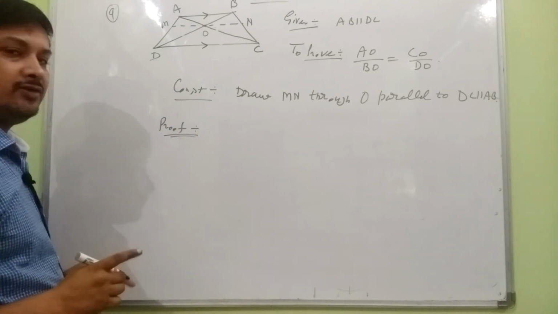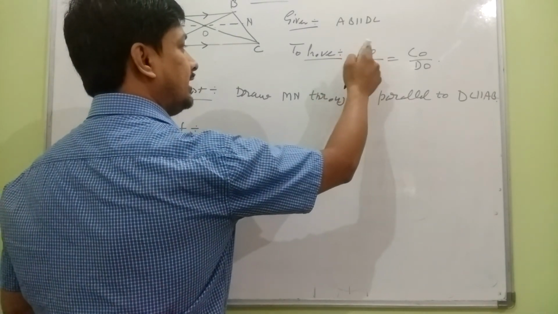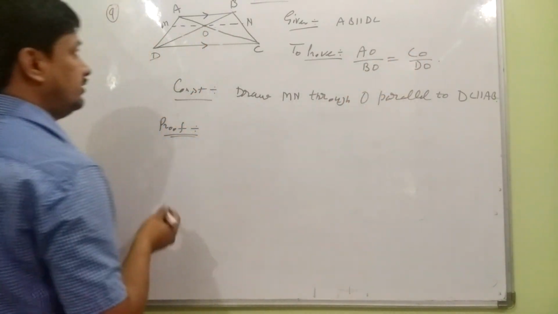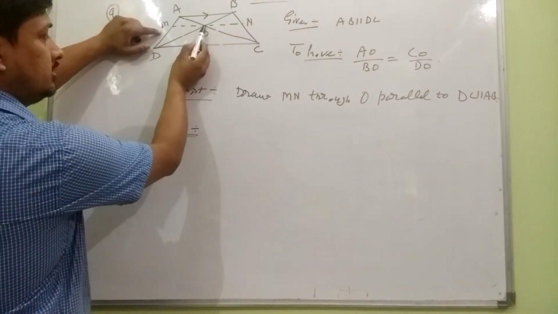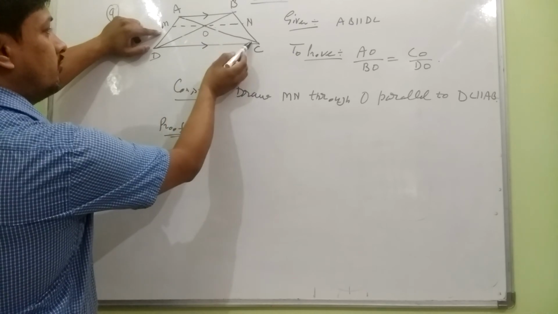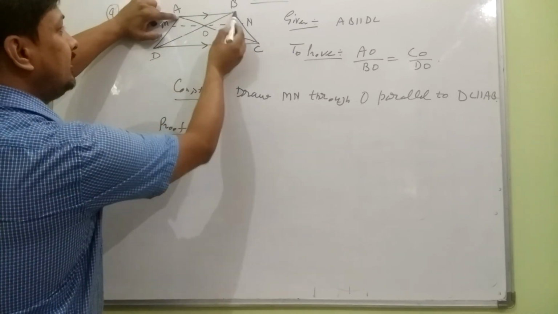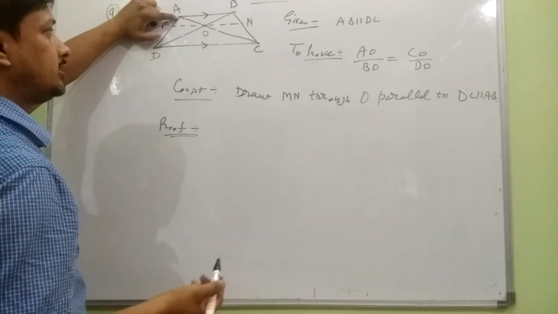So take any of the triangles where we will get AO upon BO or AO upon CO, whatever. So AO upon CO we can get. For that we can take triangle ADC or we can take triangle ABC. It's our choice.